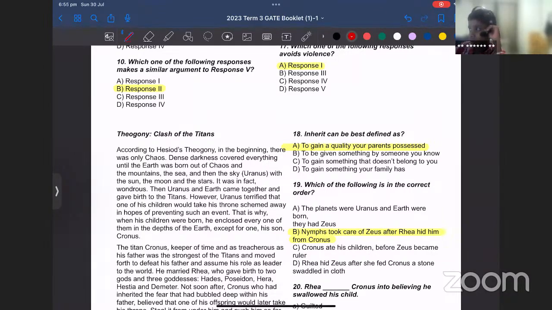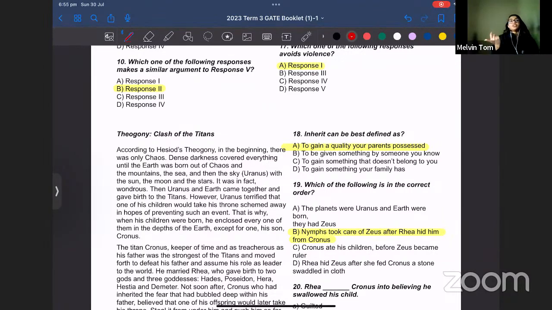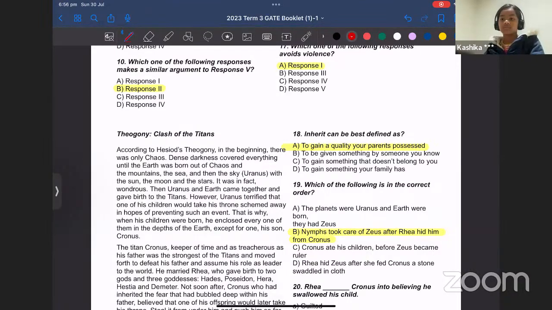But in option D, which is true, you can say, I inherited my family heirloom, or that's my grandmother's ring. So it's also correct, but it is not being exactly used in the paragraph. Make sense? I know a lot of students must have written A or D. Not in the context. Yes, very good, Minal.